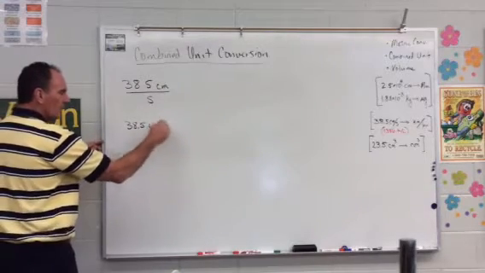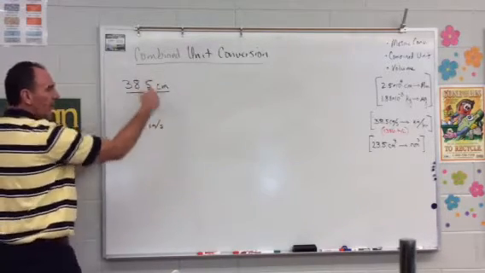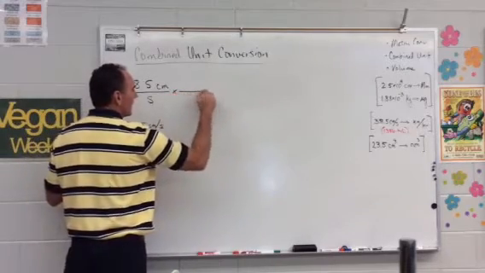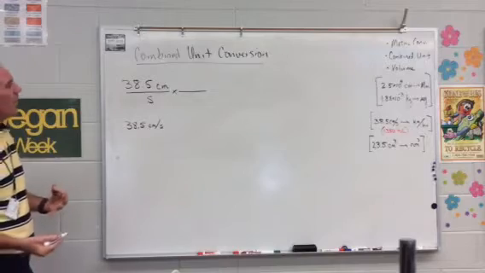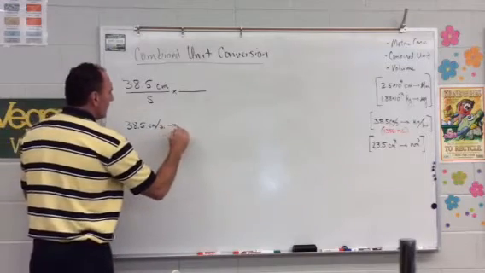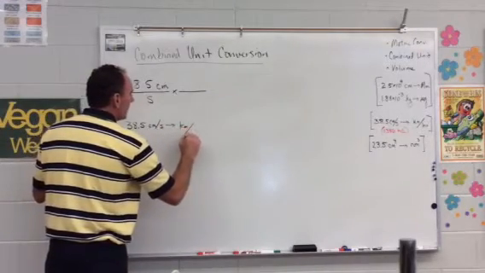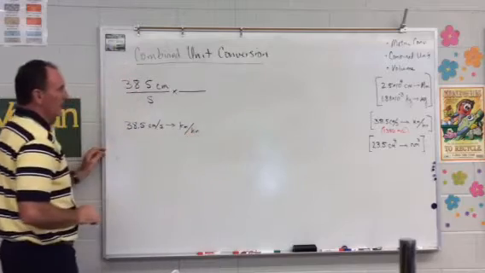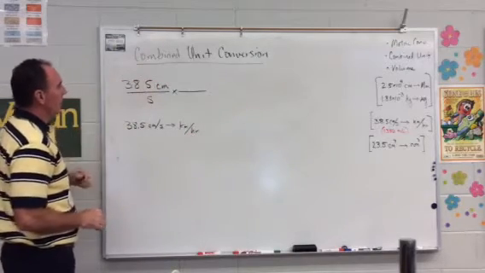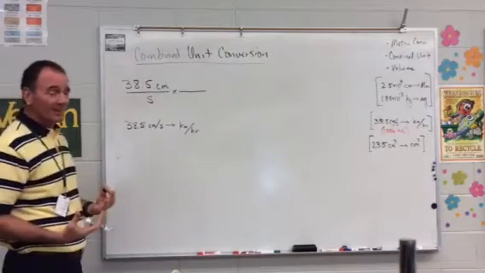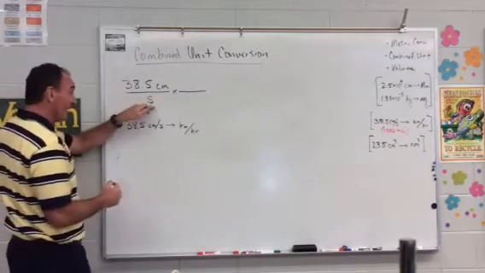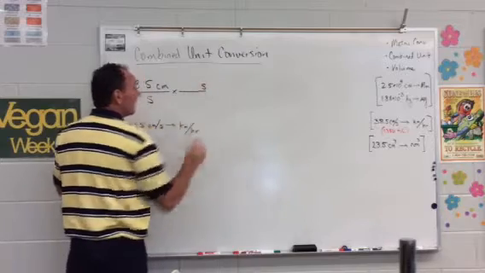This one is confusing for students, but this is very clear in terms of what you want to cancel and get rid of. We actually want to get rid of both of these. Let's convert that to kilometers per hour, so I want both of these units to go away. Whichever unit I want to go away first is how I'm going to attack the problem, and it really doesn't matter. If I want to get rid of the second first, then the second has to go here.